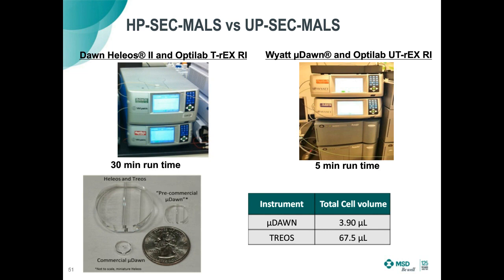So if you look at the table, the Trios total cell volume is 67 microliters, while the MicroDom shrunk down to 4. And this kind of goes along with where Steve was mentioning the importance of system volume and decreasing the band broadening. As you get your columns to be smaller and smaller, for example, 4.6 by 150 millimeter column, the 2.5 milliliter column, that can be substantial.